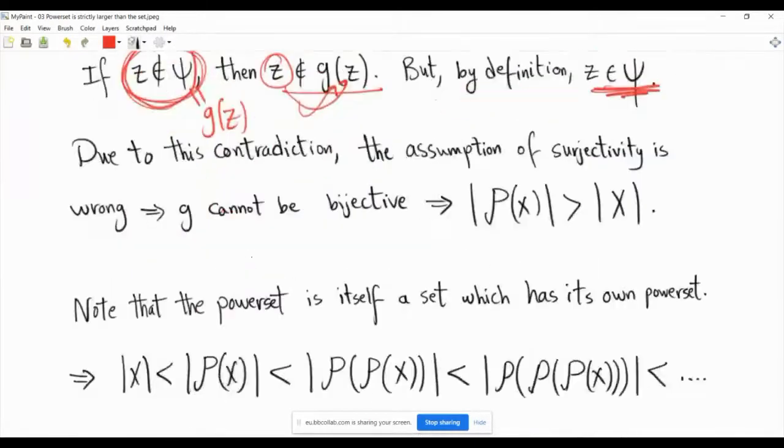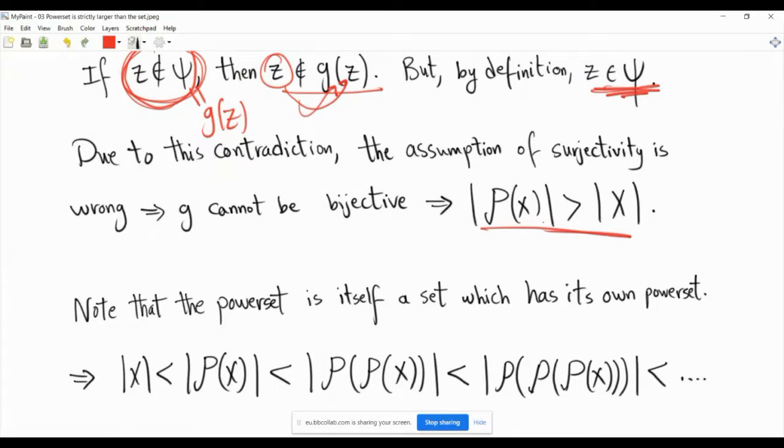This means we cannot have a function that is surjective, and hence it cannot be bijective. Regardless of whether X is a finite set or an infinite set, the power set will always have more elements than X itself. So if X has a certain cardinality, then the power set of X has a strictly larger cardinality.